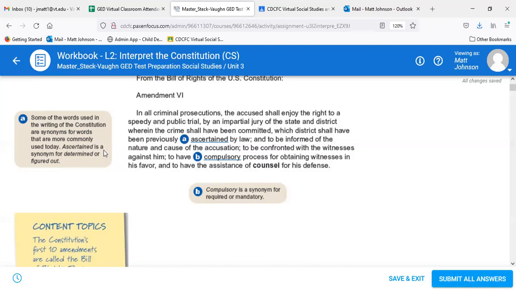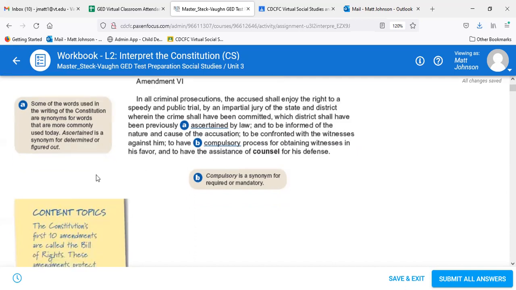So things about a trial by your peers. And right here, Amendment 6 outlines a lot of that. So you're going to be able to collect evidence for yourself. You will be guaranteed counsel for your defense. All of that is provided in the Sixth Amendment. And there's other ones as far as the right to a speedy trial, which is Amendment 6. And then some of the other ones also outline some of that.